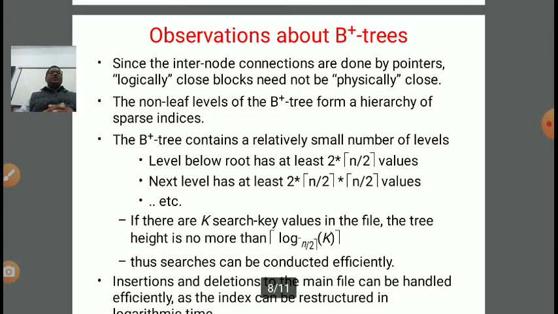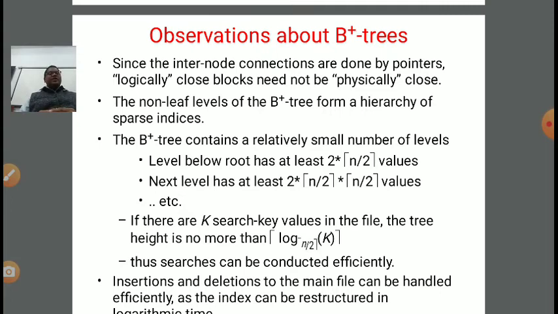First, since the inter-node connections are done by pointers, logically close blocks need not be physically close. Next, the non-leaf levels of the B plus tree form a hierarchy of sparse indices.